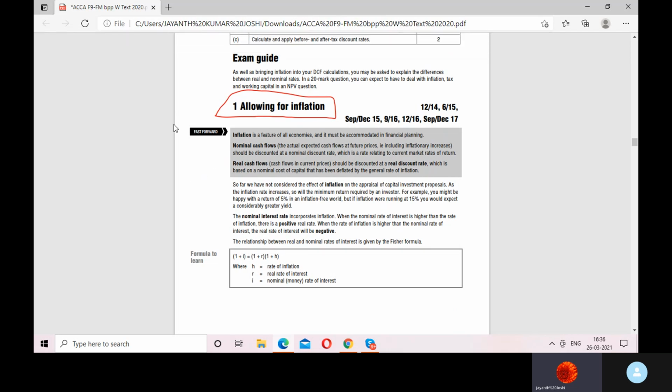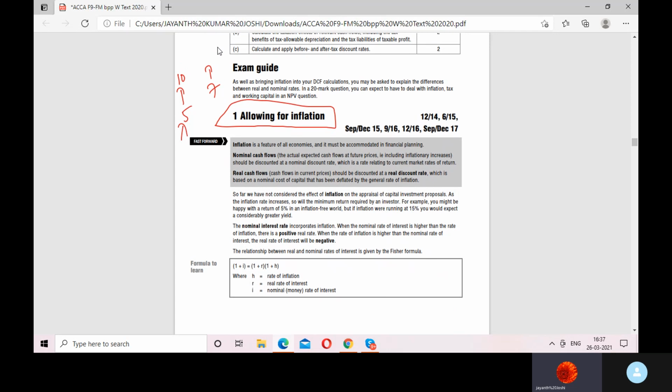That means if the raw material is 5 rupees today, the raw material will become 7 rupees after 2 years. So here if your profit is 10 rupees, your profit has to be how much? At least 12 rupees. Because of inflation, you want to absorb that inflation; you want to include it in your profits.